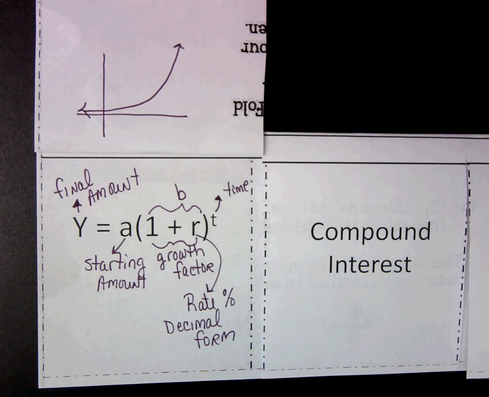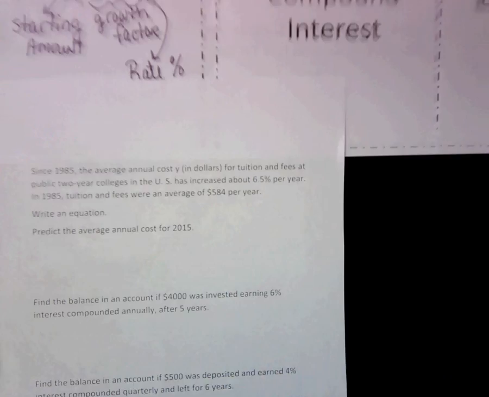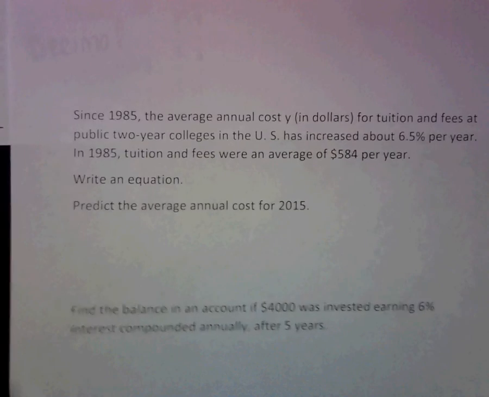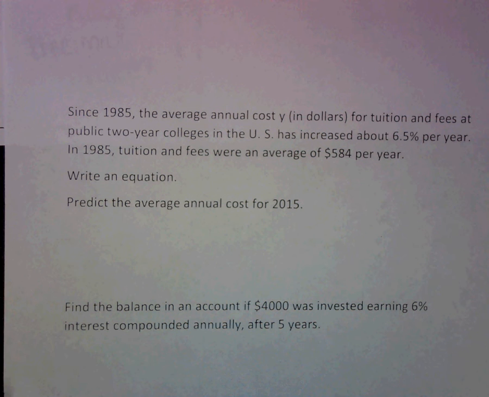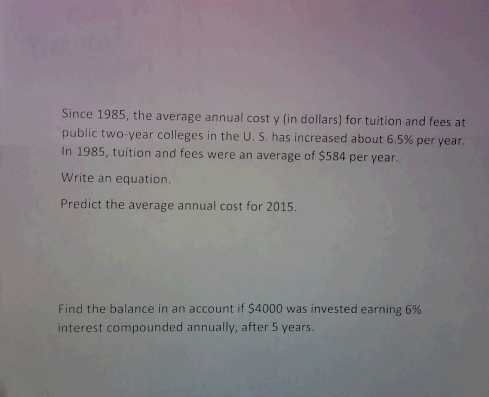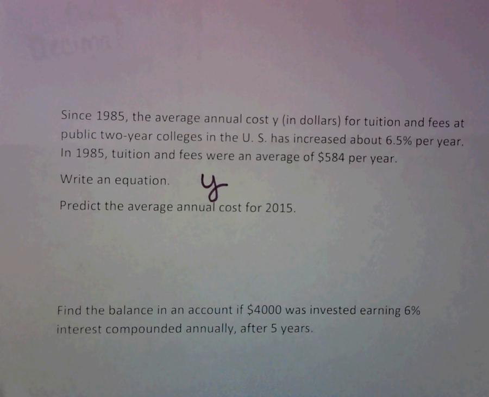If you will look at the word problem sheet that you also picked up, I want to look at this first word problem. Read it to yourself for a second. And I want us to write the equation for it. We don't know what the final amount is right now.